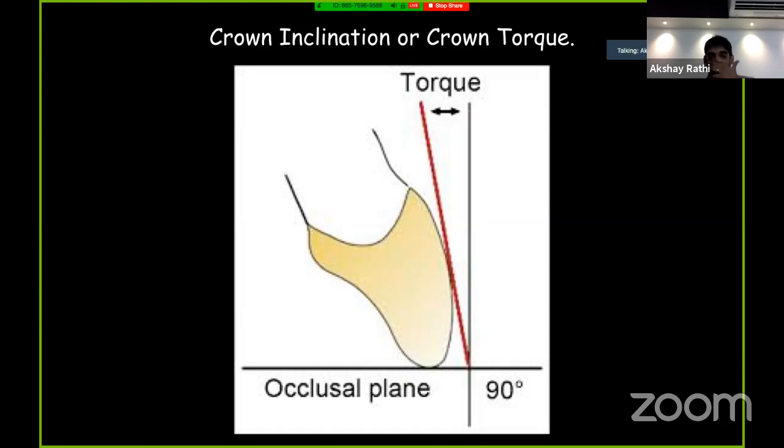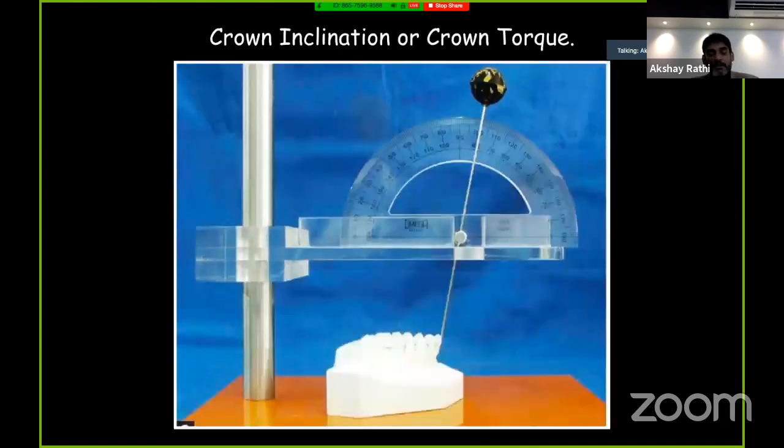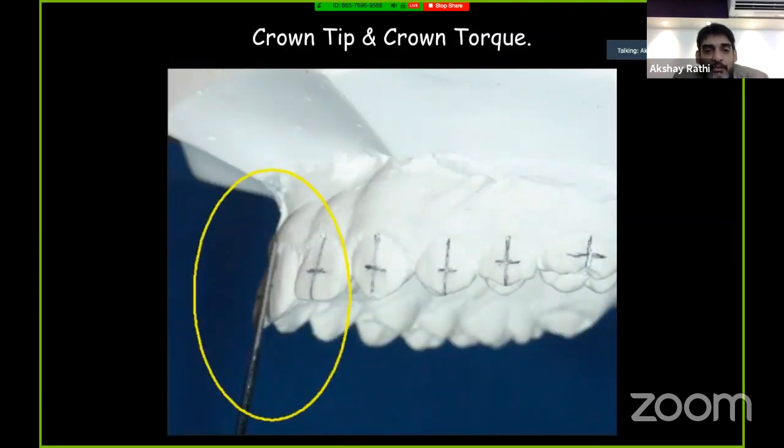To help you identify further, this is a proper torque. If my incisor moves inside, then there will be a retroclination. If my incisor becomes more labially tipped, then it becomes flaring or a proclination.